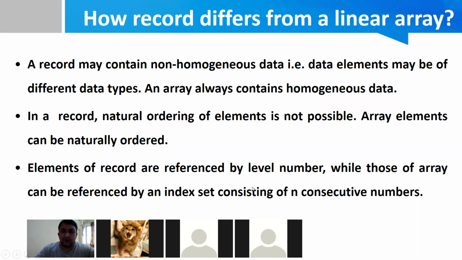While those of the arrays can be referenced by an index set consisting of n consecutive numbers. So there will be n number of elements, and the index will be defined from 0 to n, or 1 to n, 0 to n minus 1, or 1 to n, right? So these are the following points by which a record differs from a linear array.